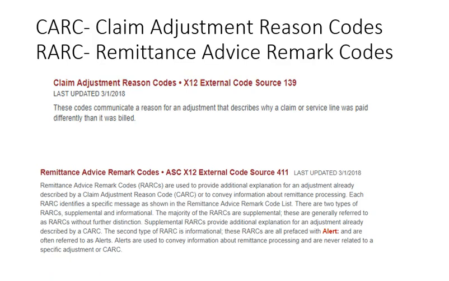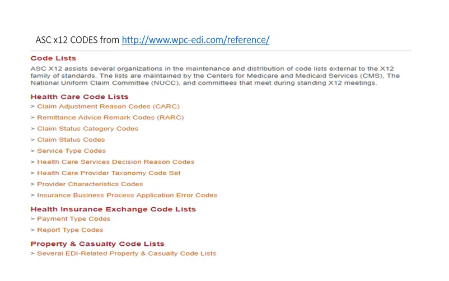Lastly, we're going to see where to find a list of all of the CARCs and the RARCs. Among all the different code sets used by the Centers for Medicare and Medicaid Services and the National Uniform Claim Committee, these are the ASC X12 healthcare code lists.